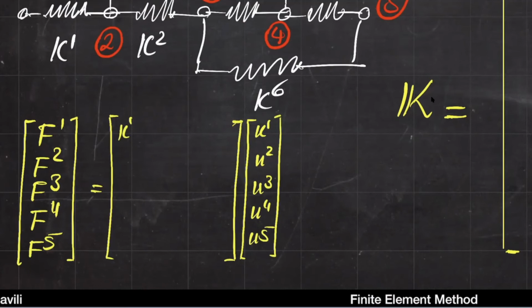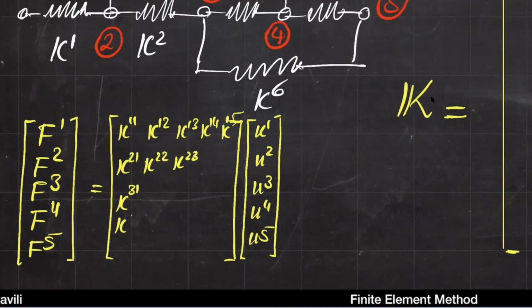And these stiffness components would be like K11, K12, K13, K14, and K15. So the first index is like the row counter, and then this is K21, K22, K23, and so on. And then here you have K31, K41, K51. Okay, so I'm not going to write all of it, obviously. And then here at the end, you have K55. So this is going to be your system.